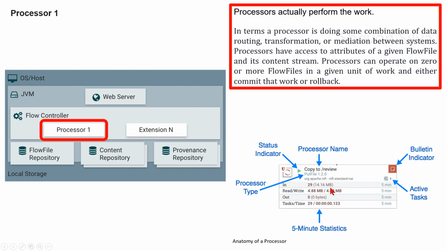In this example, the processor has just pulled 29 flow files from the input queues for a total of 14.16 megabytes.